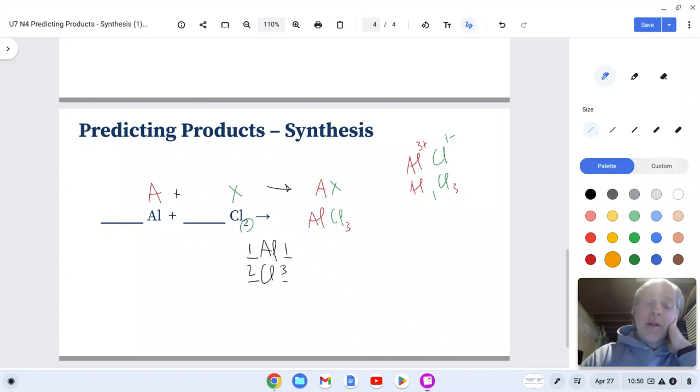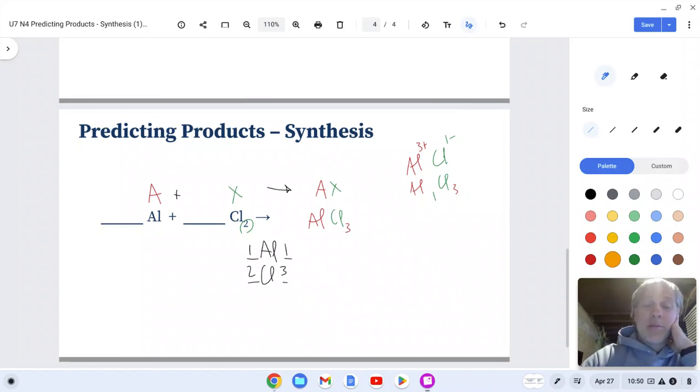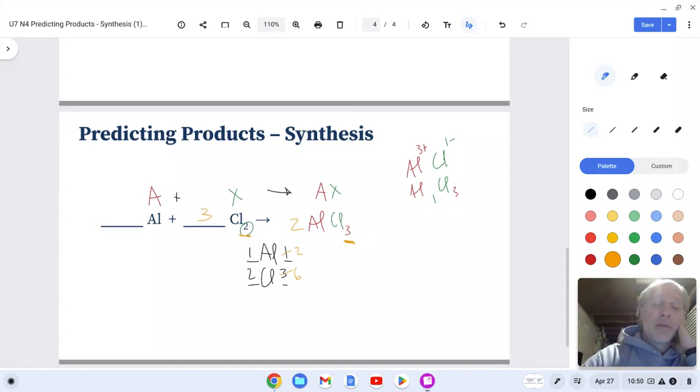With the odd-even hint, I'm going to take the subscript behind chlorine over here and put it here, and the subscript behind chlorine over here and put it over here. And when I do that, on the left-hand side, I get 2 times 3, which is 6 chlorines. On the right side, I get 3 times 2, which is 6 chlorines. So lastly, it looks like my aluminums are not balanced, so I'm going to put a coefficient of 2 here, and now everybody's happy and balanced.